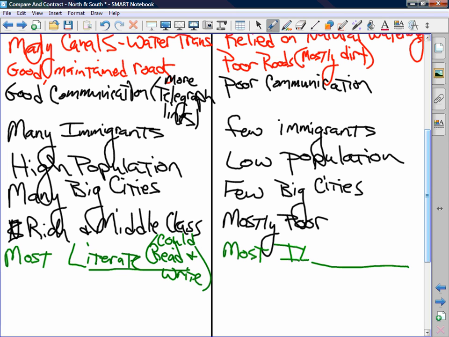Most people in the South were illiterate. They were illiterate, meaning they couldn't read or write.